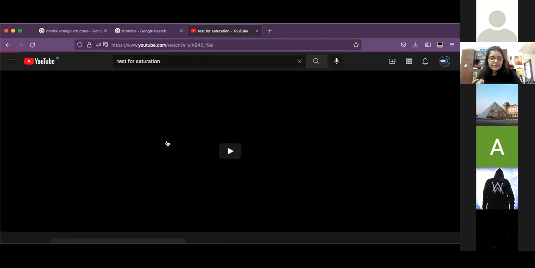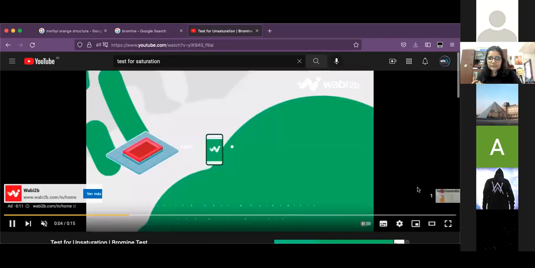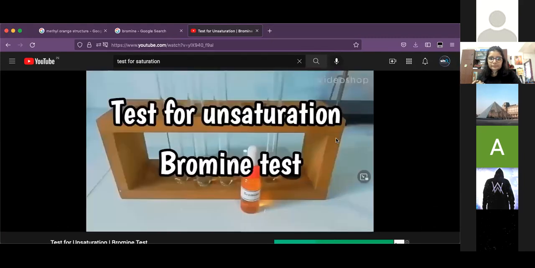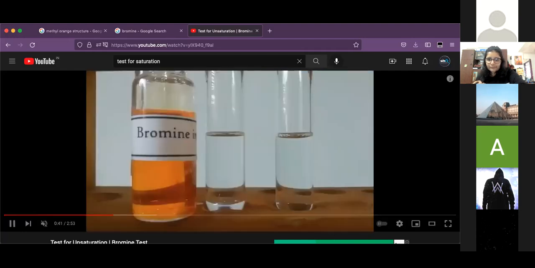And here you go. This is the test for saturation. So there's a little bit of bromine here, the bromine liquid. And in the test tubes there are some compounds, organic compounds presumably. So you take the test tubes.